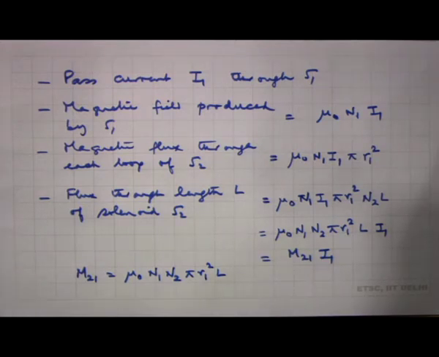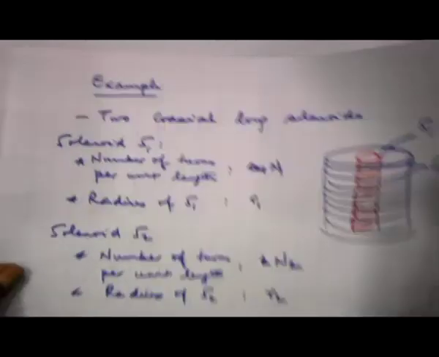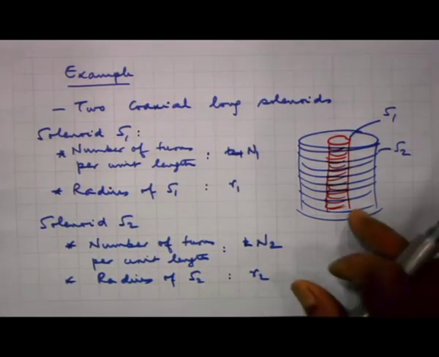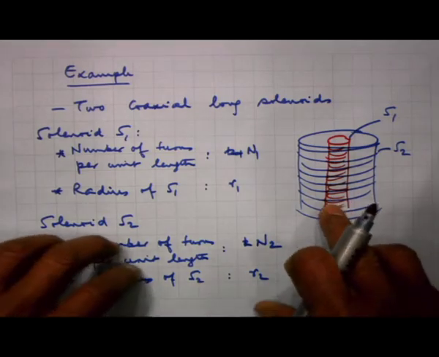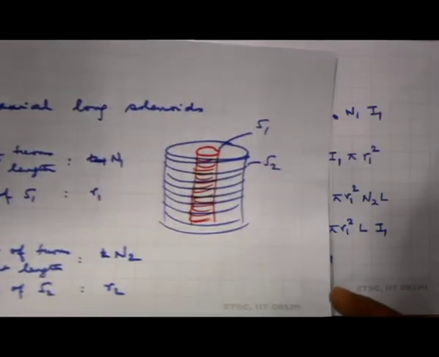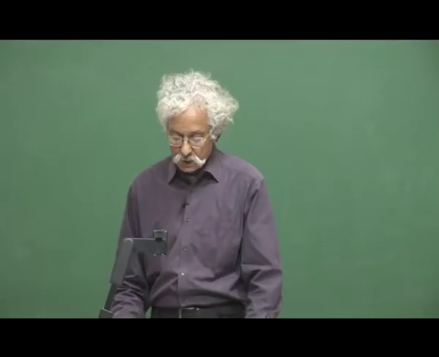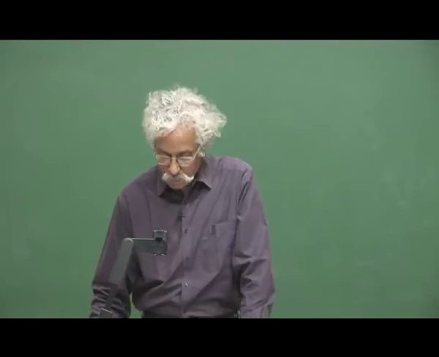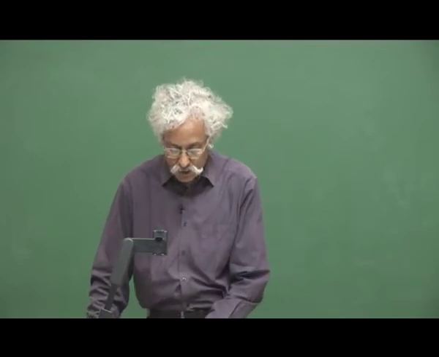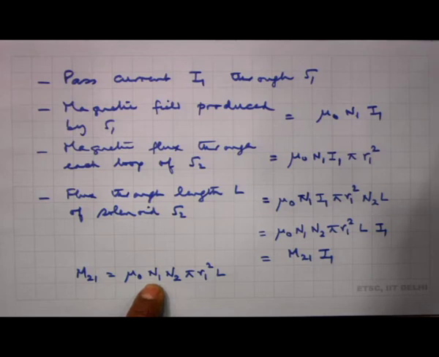So, that is the mutual inductance between these two solenoids. All it means is that when I have a current I1 passing through S1, then over a length L, the flux passing through solenoid S2 is simply M21 times I1, and M21 for this example happens to be mu naught N1 N2 pi R1 square L. It depends on the number of turns per unit length of solenoid S1, the number of turns per unit length of solenoid S2, the area of the solenoid S1, and the length of the entire device that I am looking at.